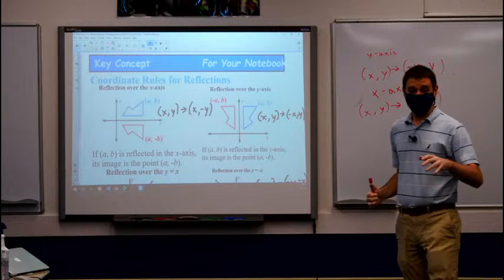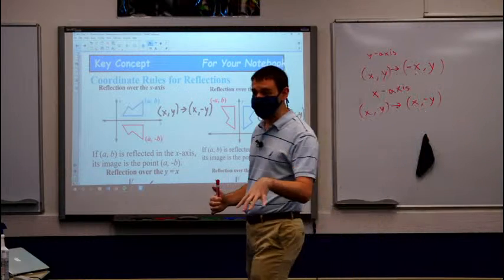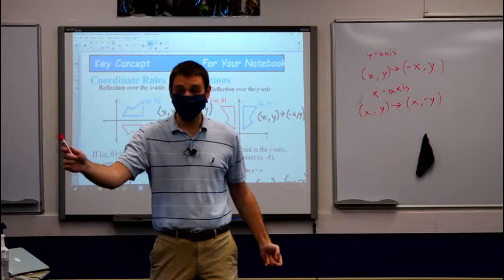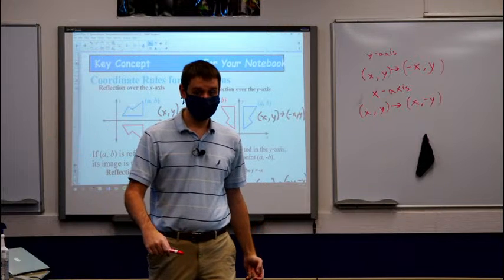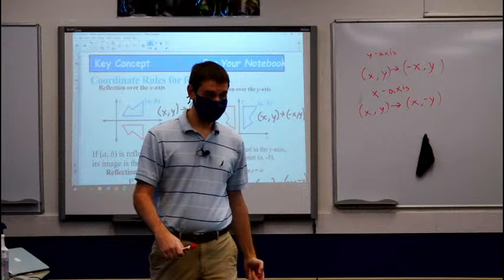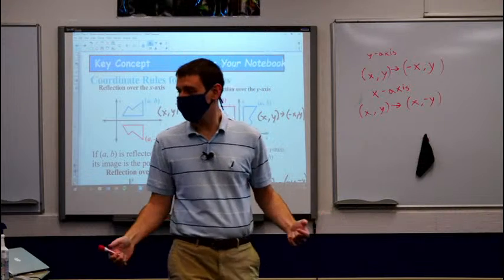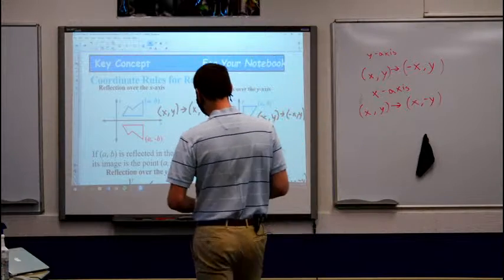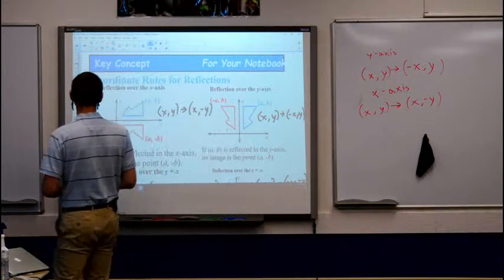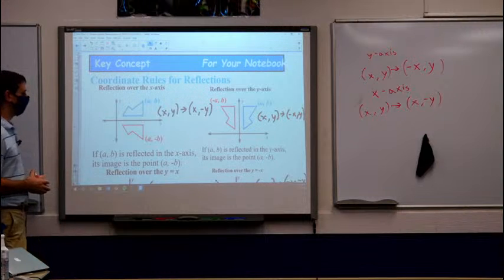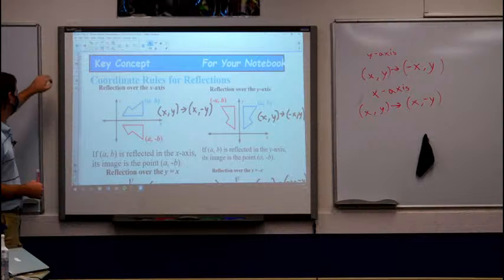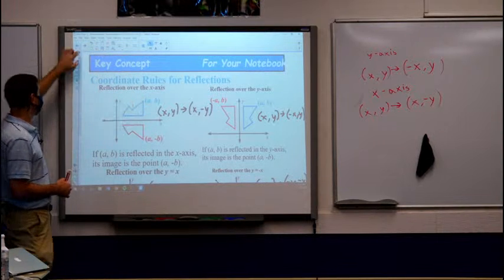But I think the reflections are easier to think about by looking at the graph and saying we want to go the same distance but the other way. That's our flipping over the axis. Right? So those are reflections.